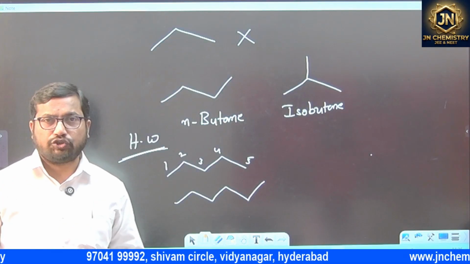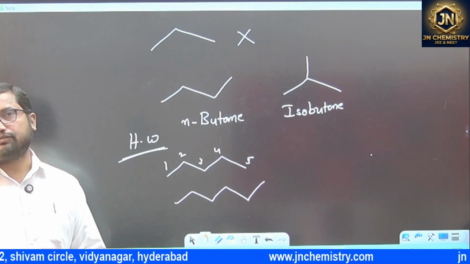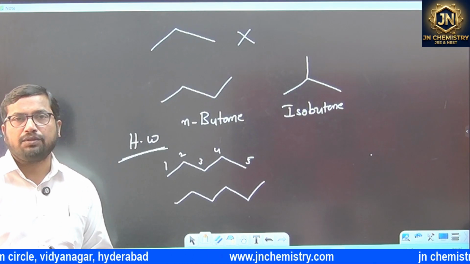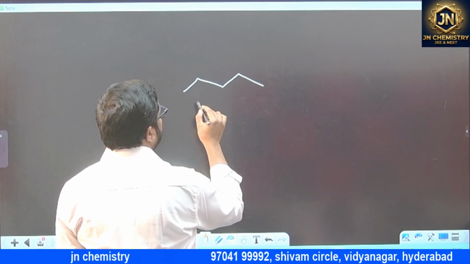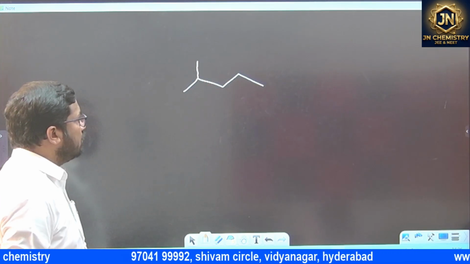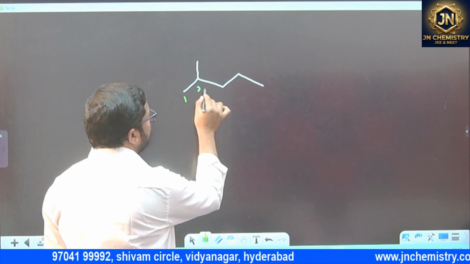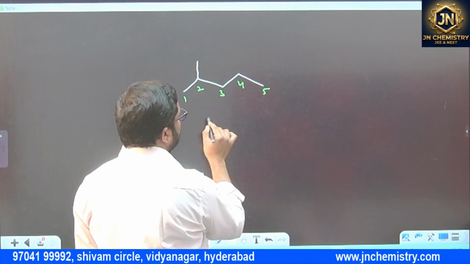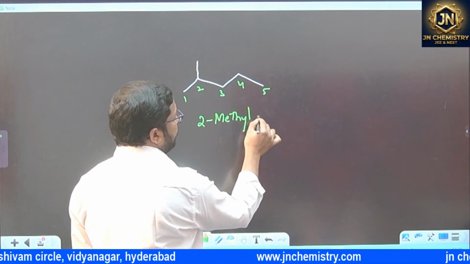Do alkanes show position isomerism? So, what is the minimum number of carbon atoms required to show the position isomerism for an alkane? 1, 2, 3, 4, 5. What is this name? 2-methylpentane.